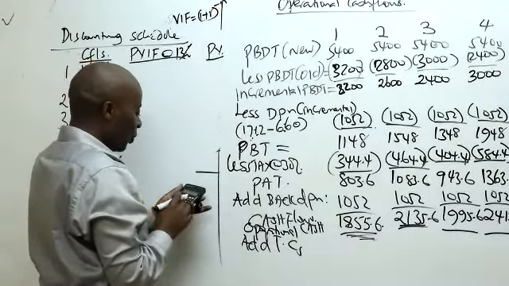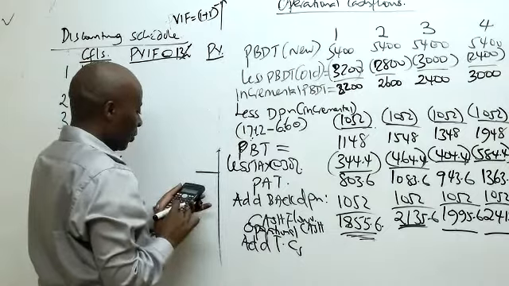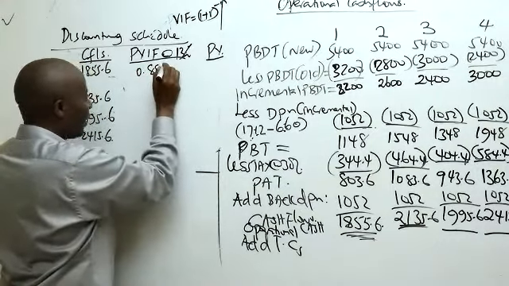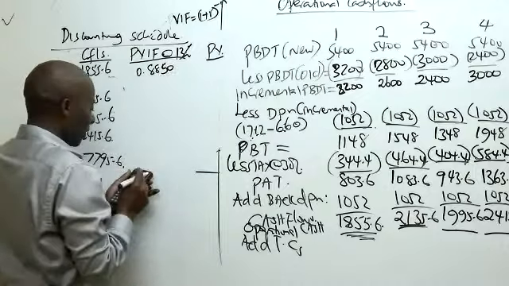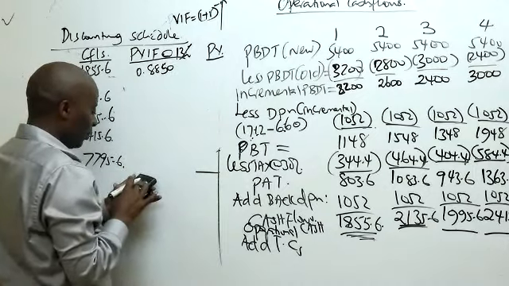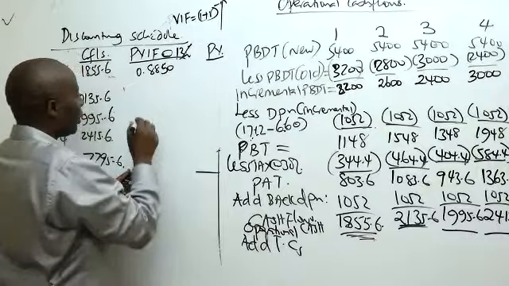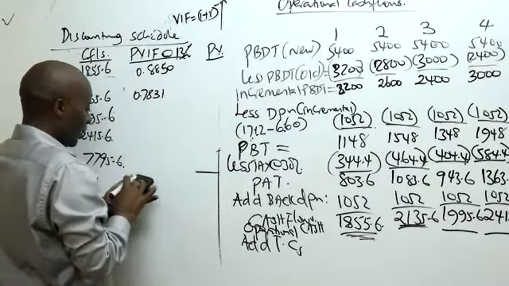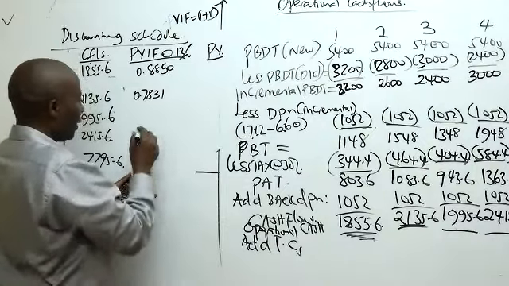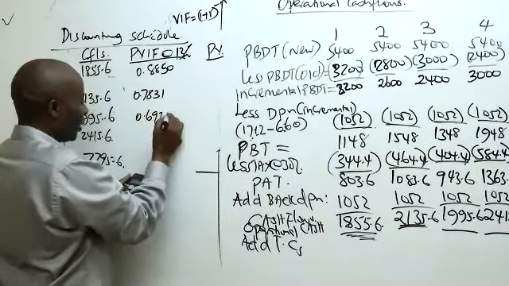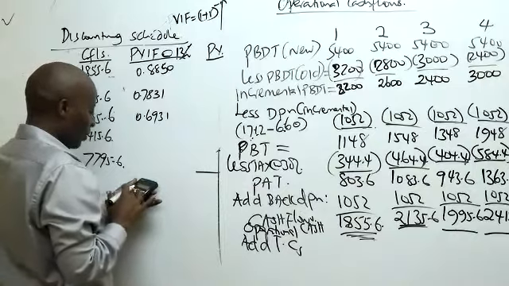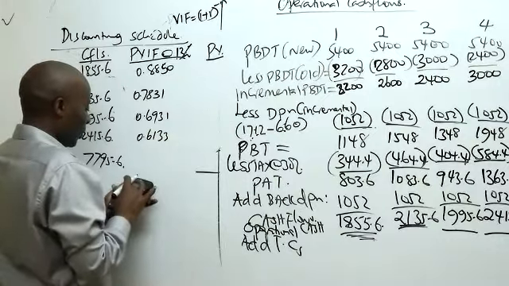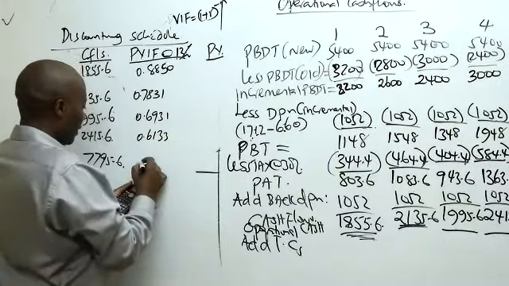So 1.13 raised to negative 1 gives us the first one, 0.8850. The second, raised to power 2, gives us 0.7831. Power 3 gives us 0.6931. Power 4 gives us 0.6133. Power 5 gives us 0.5428.